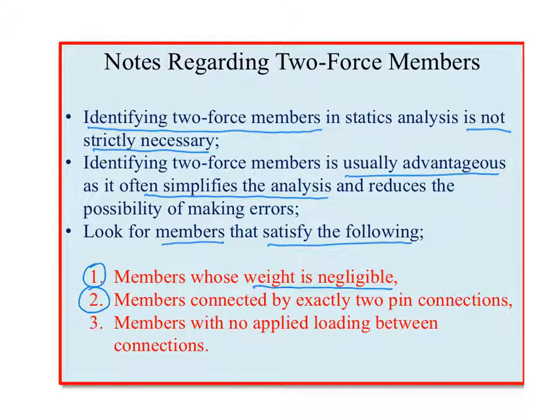Recall that the interaction at a pin connection is a force of an unknown magnitude and an unknown direction. And then lastly, 3. Members that have no applied loading between connections. So if we can find those three things, we usually have a two-force member, and identifying them usually simplifies our analysis.